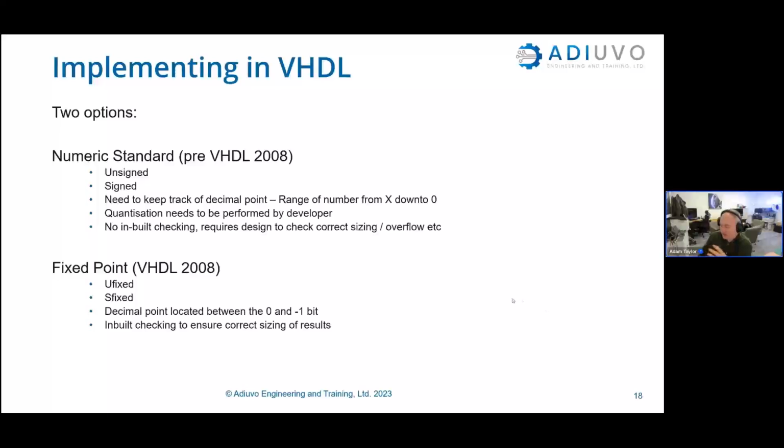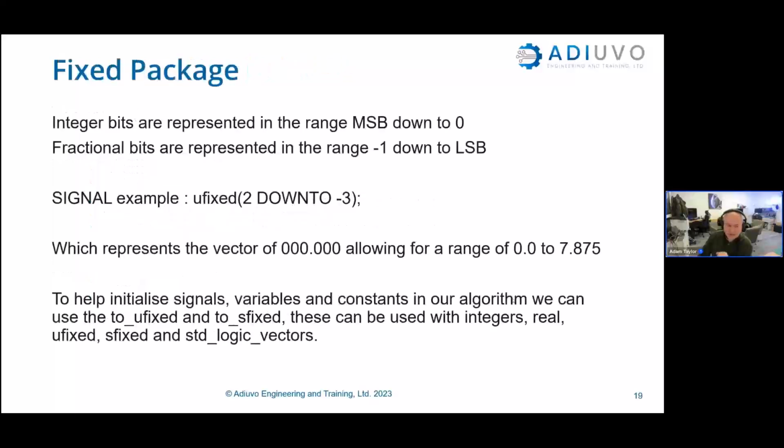The examples you'll see today and I provide on the GitHub are made using that standard. So for an example, we can have a UFixed going from 2 down to -3.